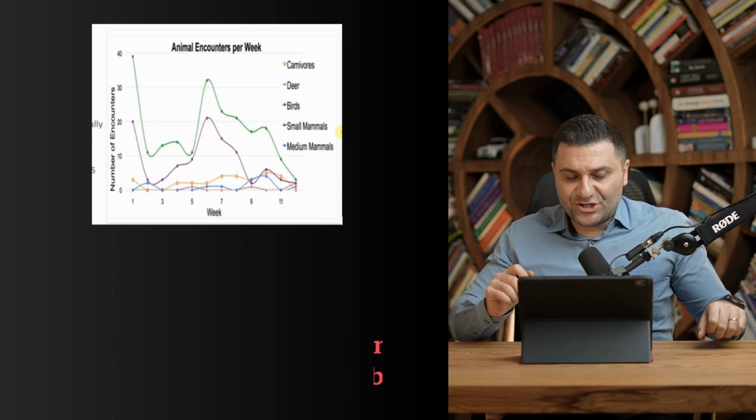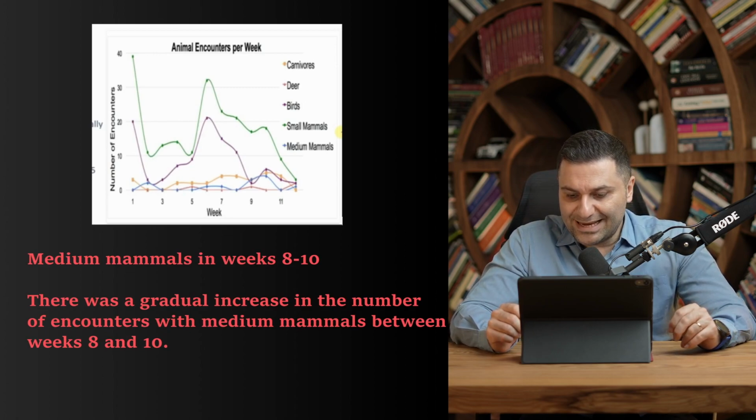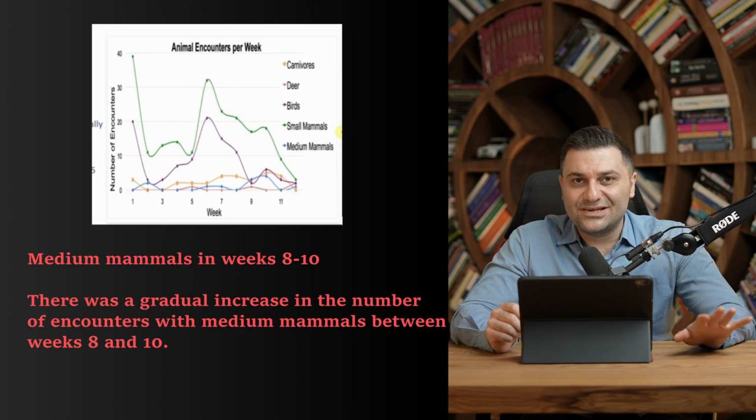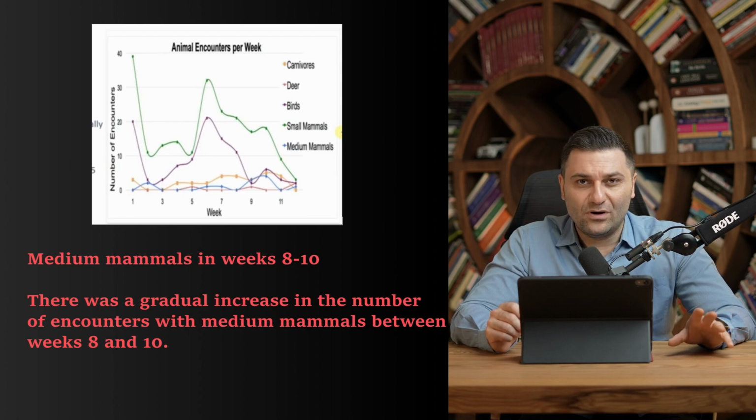Now, my next question is about medium mammals, that is the blue line, in weeks 8 to 10. As you can see, it was almost 0 in week 8, and it increased to around 4 or 5.